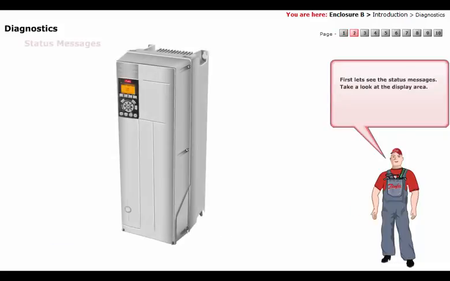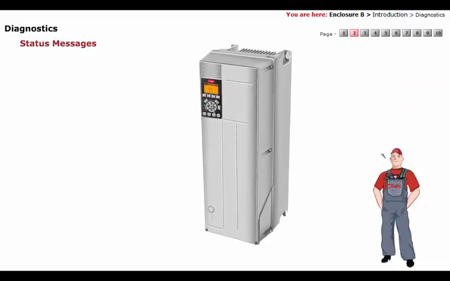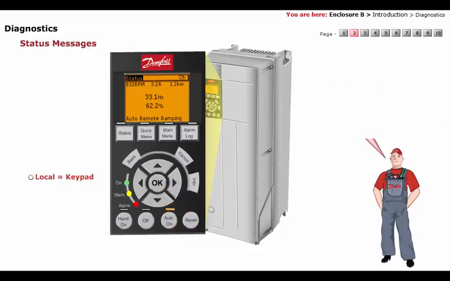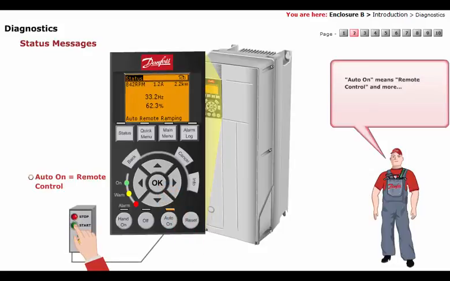First let's see the status messages. Take a look at the display area. Local means operation through keypad. Auto on means remote control.